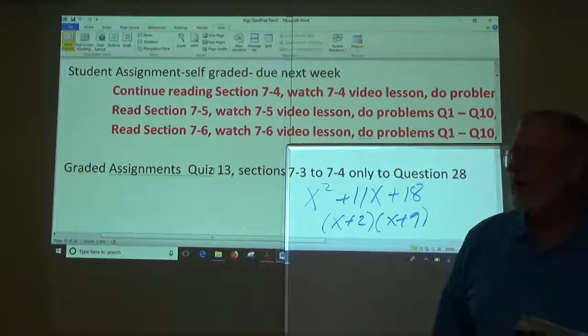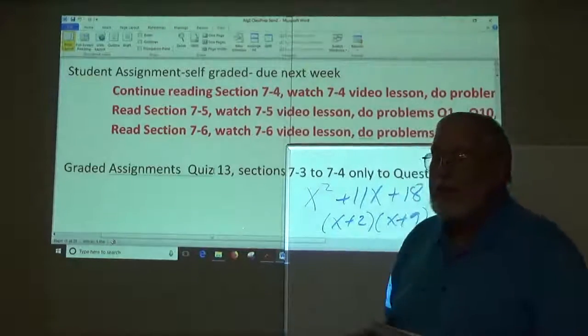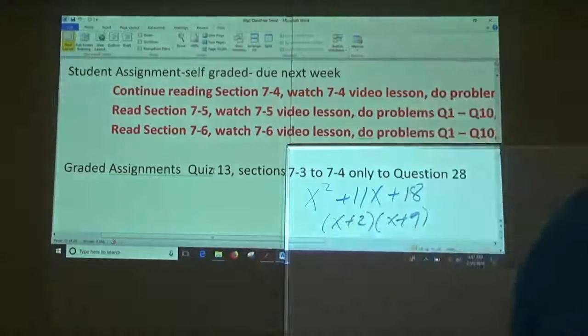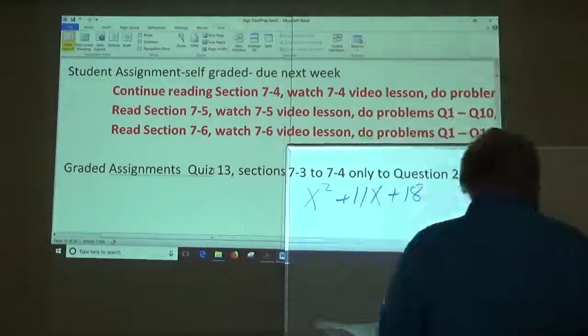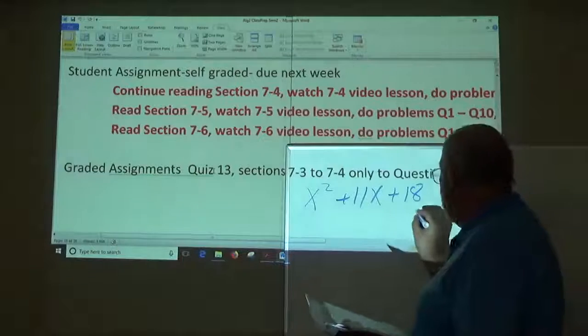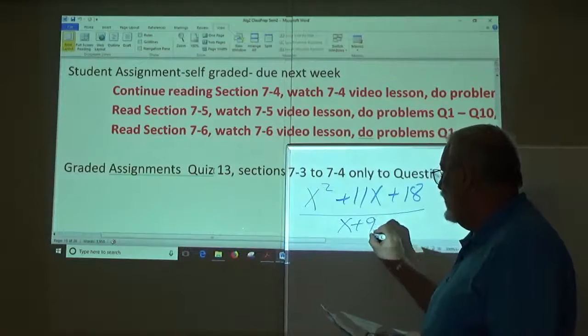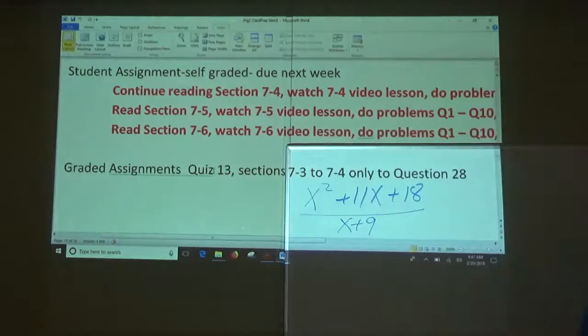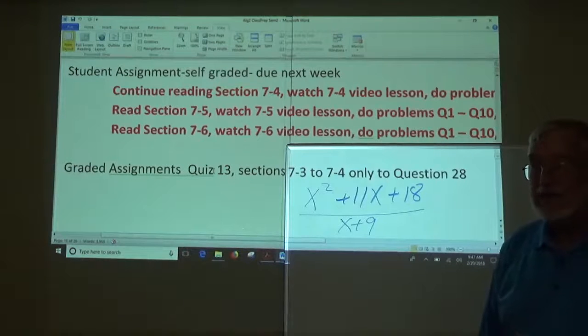Okay, now why do I need that? We need that because we're going to end up with some rational equations that would look like this. You're going to have that fraction, and you're going to be asked to simplify it.